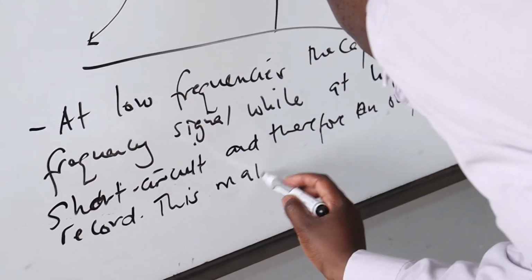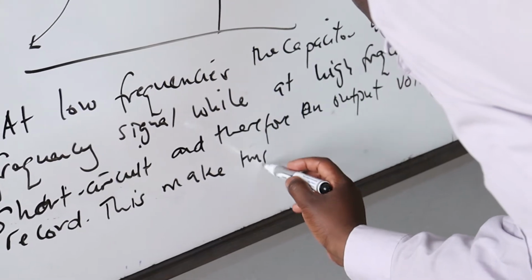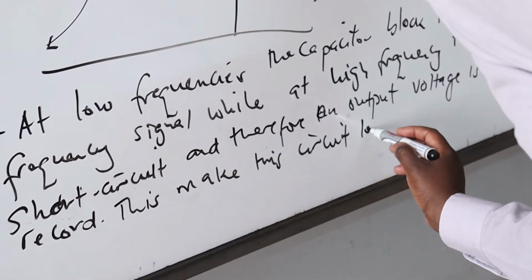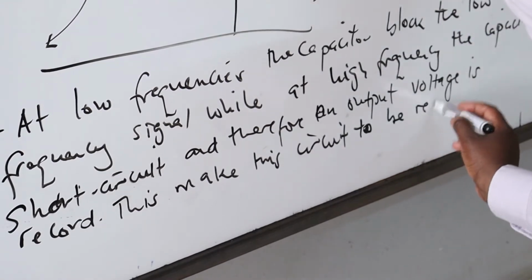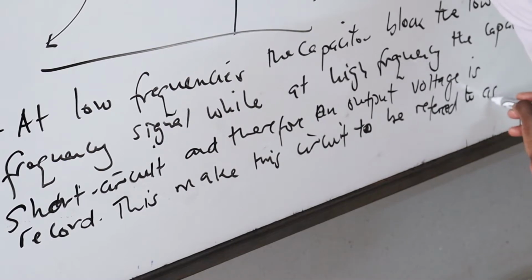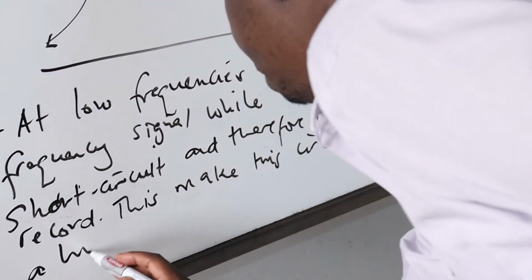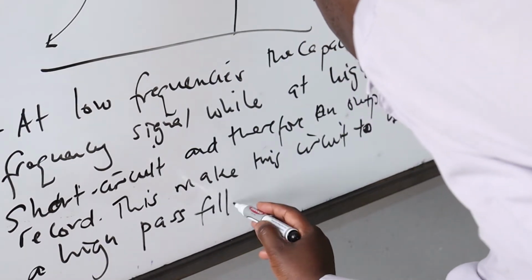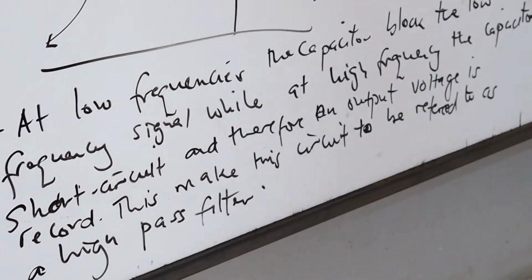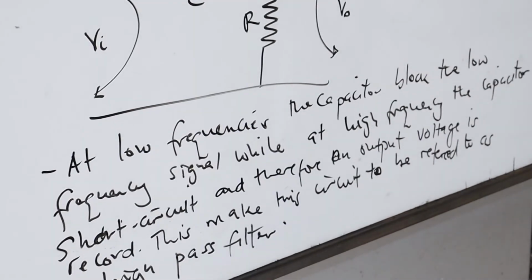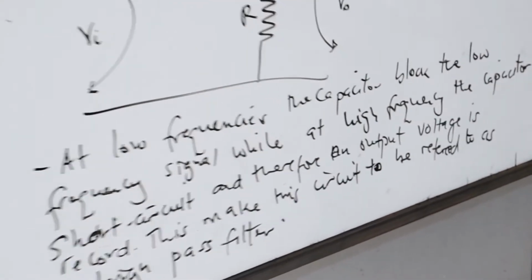This makes this circuit be referred to as a high-pass filter. It may just be referred to as a high-pass filter because it only conducts the high frequencies to the output.